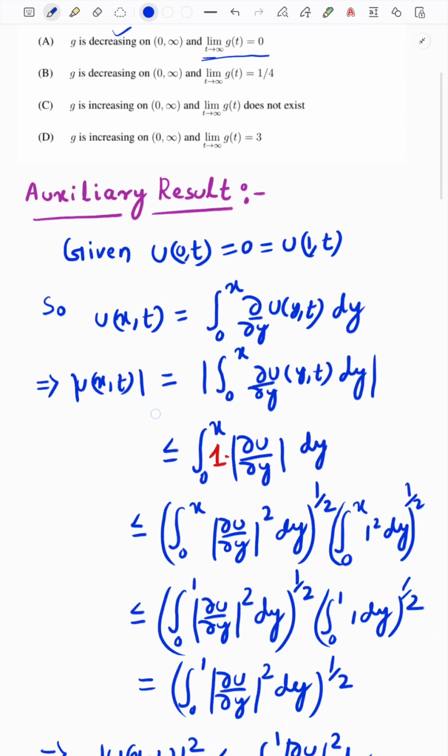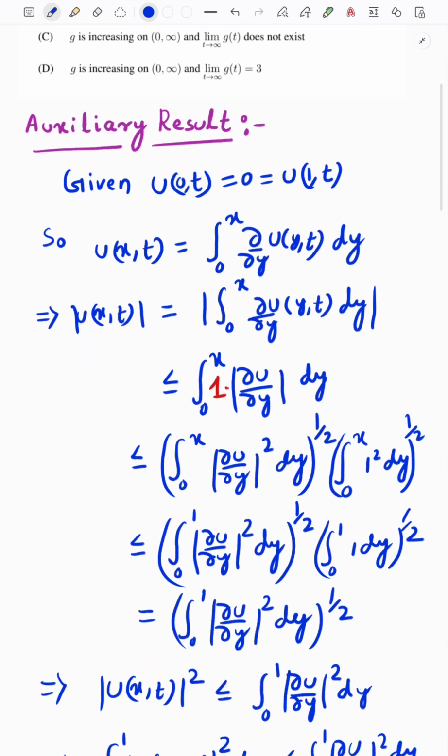Okay, first I will prove the Poincare inequality. Before going to the statement, first let me derive some calculation from this boundary condition. It is the Dirichlet boundary condition.